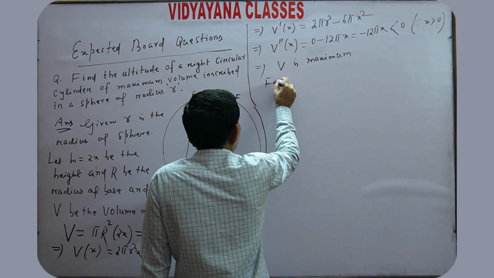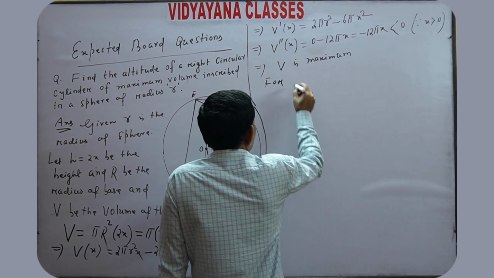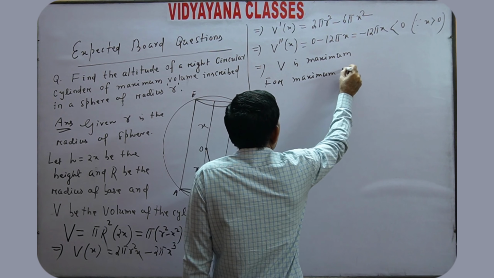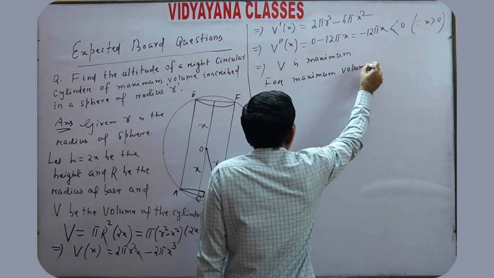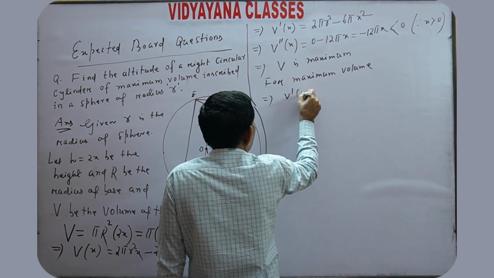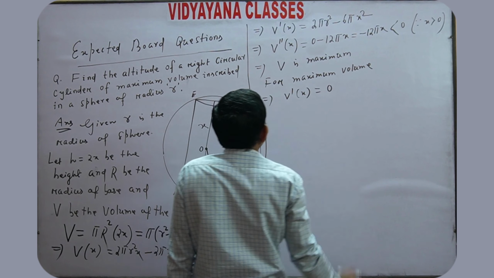For maximum volume, V dash x is equal to 0.